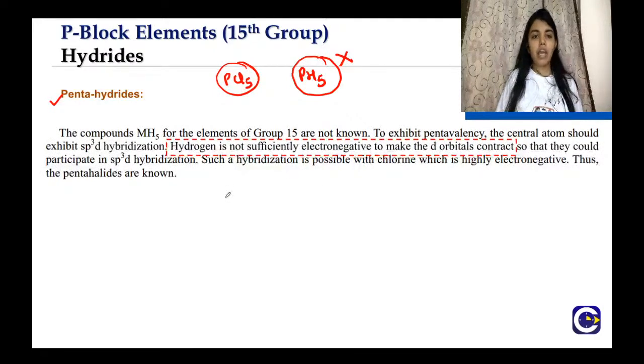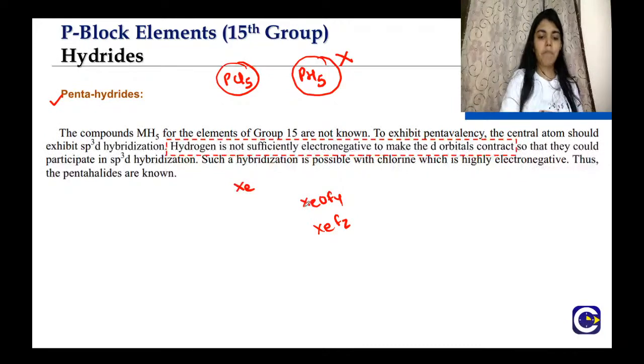For example, xenon compounds are not much known, but still XeOF4 and XeF2 are. Why? Because fluorine and oxygen are electronegative, so they have much power to excite the electrons of xenon, and therefore they can form the compounds.